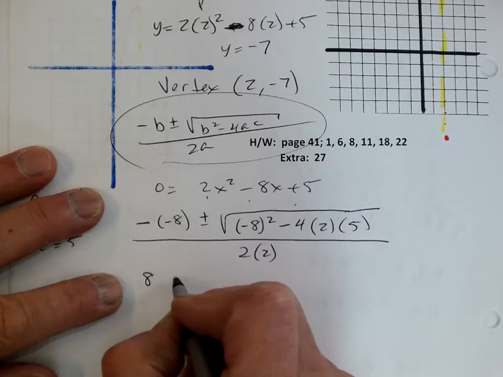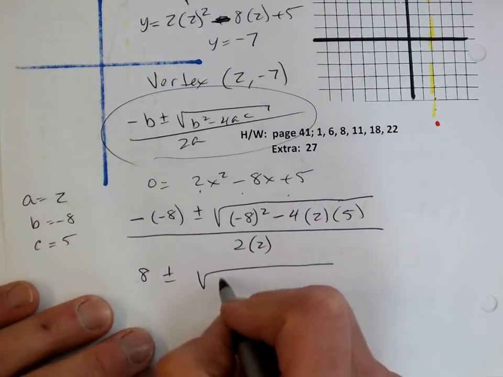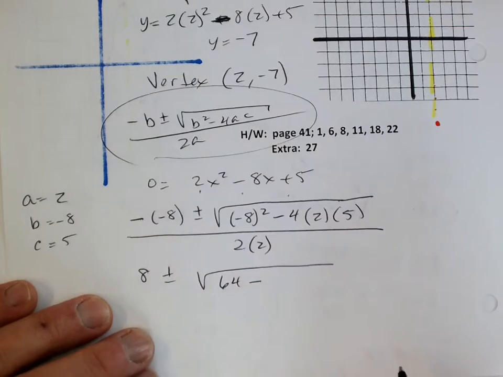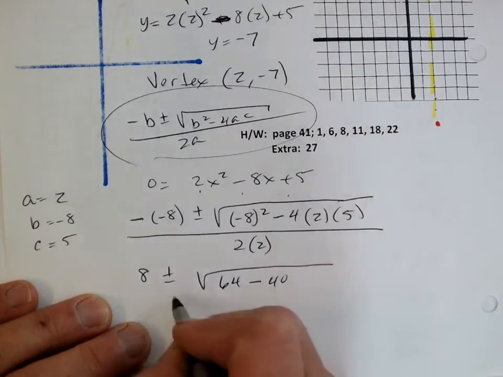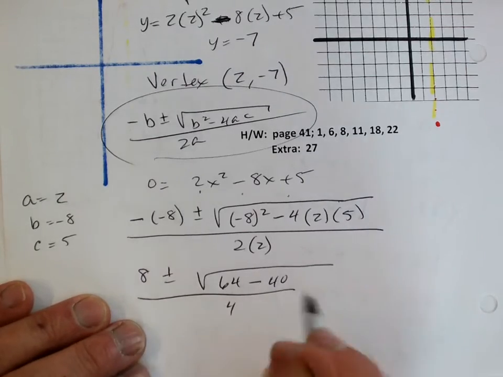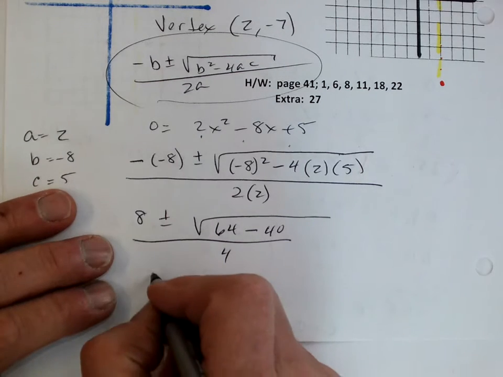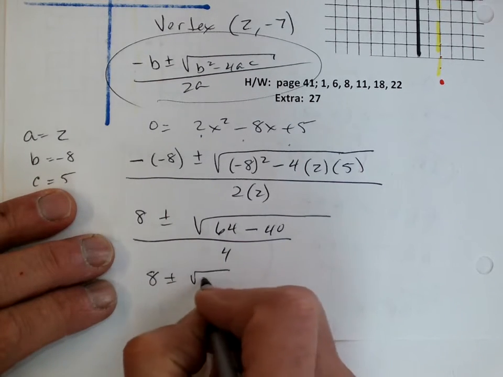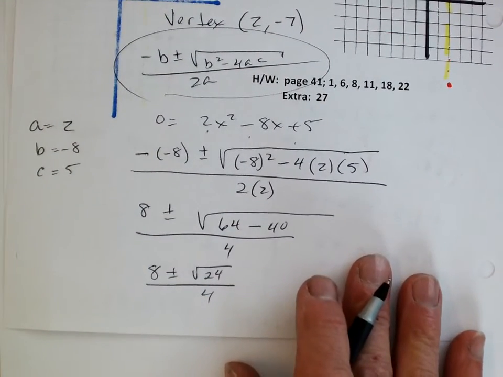Positive 8 plus or minus square root of 64 minus, let's see, what is that, 40? All over 4. What is that, 24? Now, since we're graphing, we're going to get decimals.